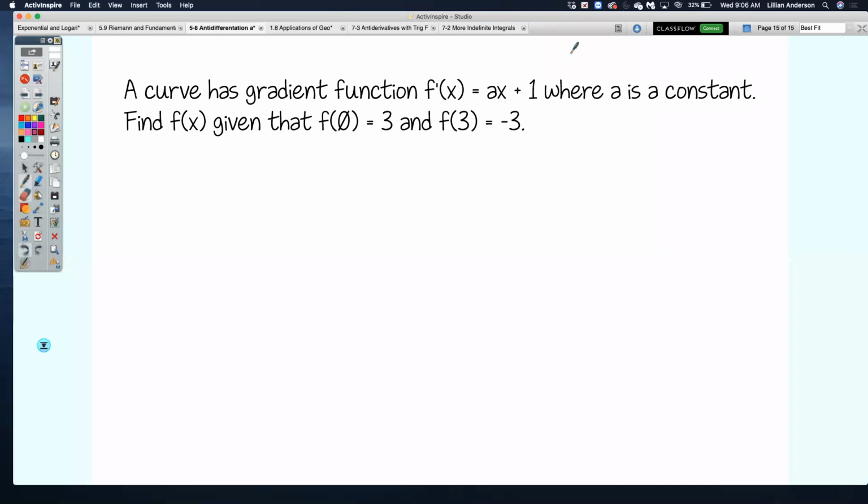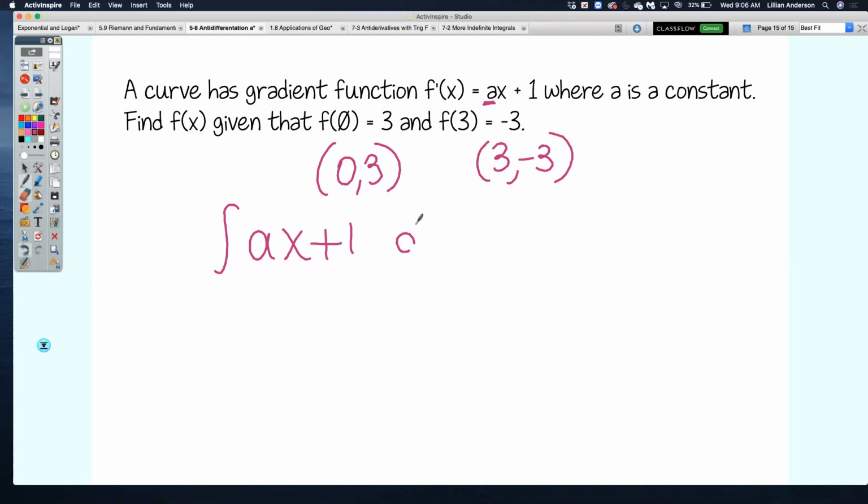So what you essentially need to do is use this information to find not only the value of c, but also the value of a, because it's asking you to find the full function. So you still go through the process of taking the antiderivative of your f prime of x.